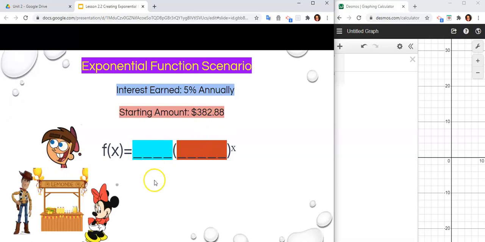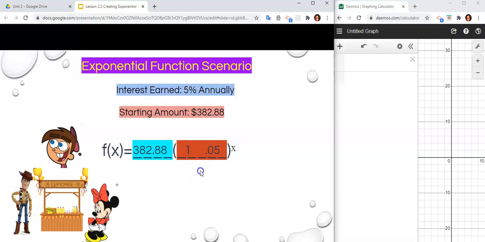So our starting amount is going to be $382.88. That's what we're starting with. What's our growth? How are we growing? At a 5% rate. So 5%, we have to change that to a decimal. 5% written as a decimal is 0.05. Now, because these are percents, I have to add 1 to it.